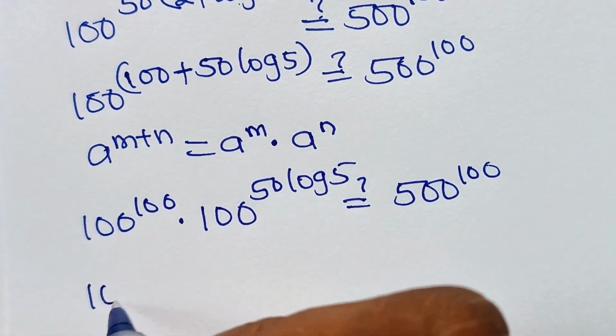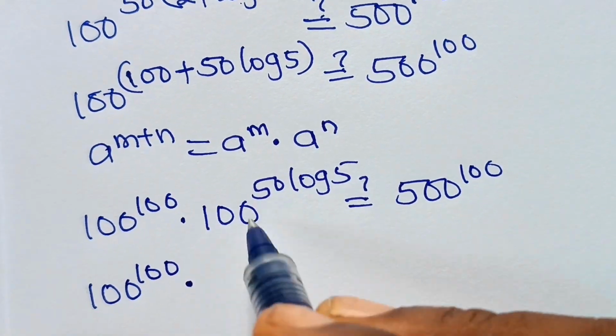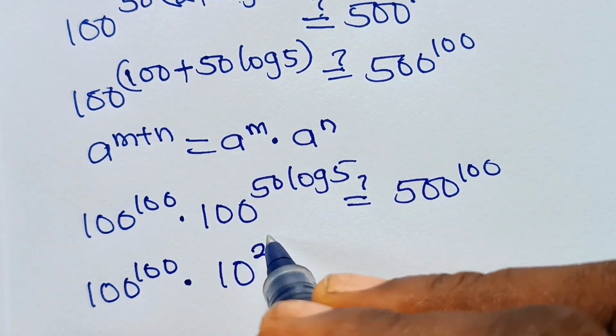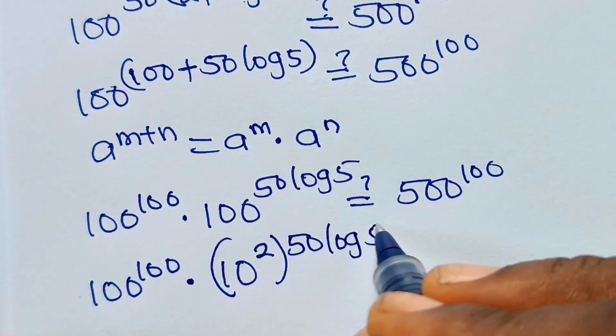So we have 100 to the power of 100 multiplied by, recall that 100 can be written as 10 to the power of 2. So we have 10 to the power of 2 raised to the power of 50 log 5.